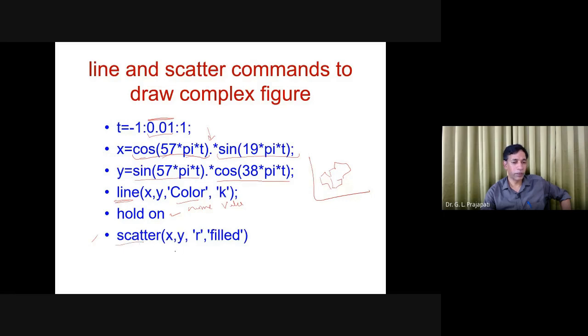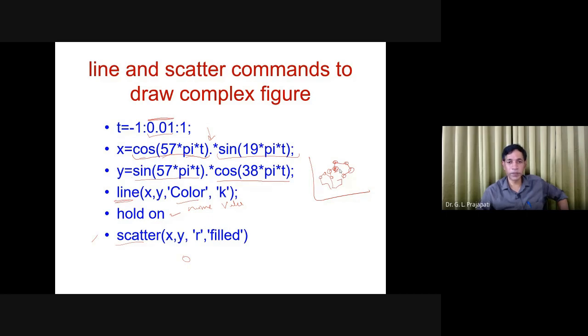Scatter is going to create the points only. So here you have the x, y, r, and the color of this is red, and this is filled. So the points are filled. You will see the graph like this.